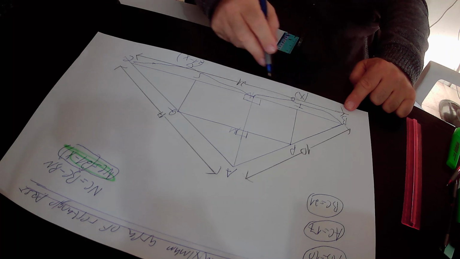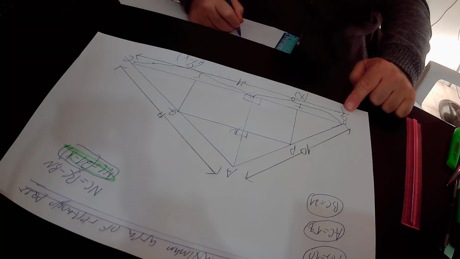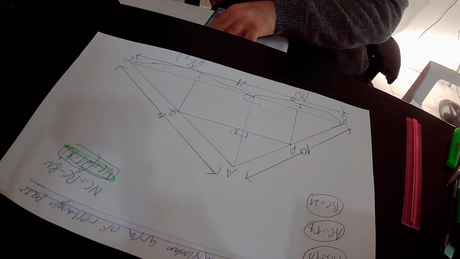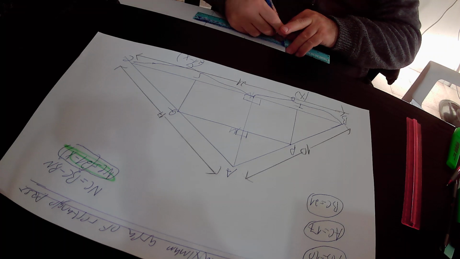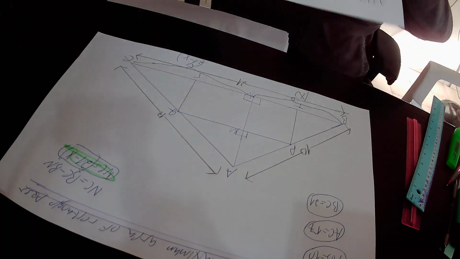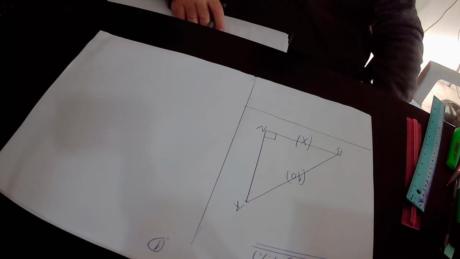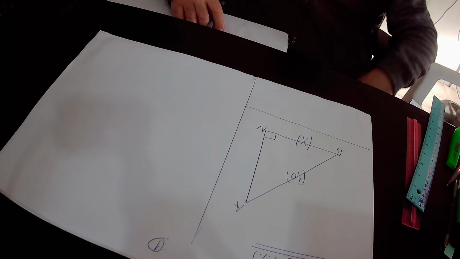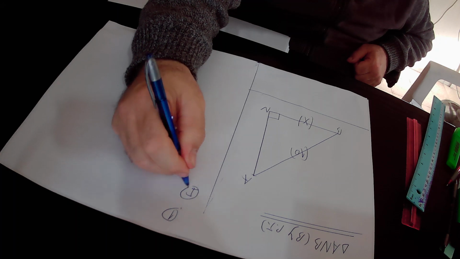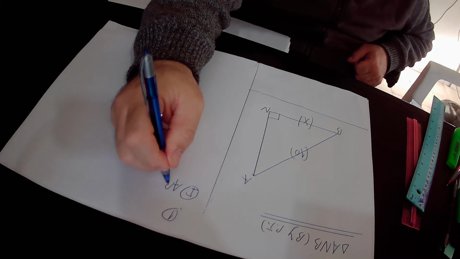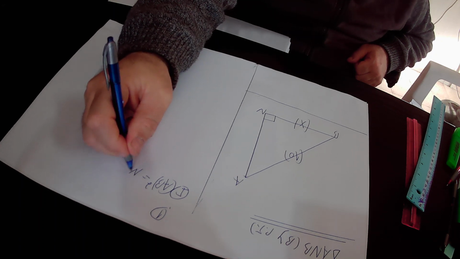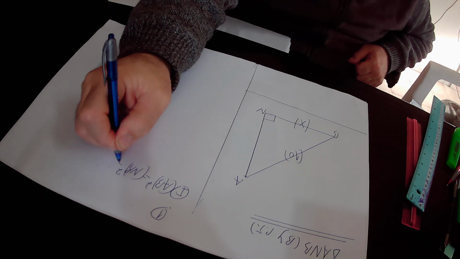And side NB equals x units in its length, according to our definition. So actually, this is the right triangle ABN from the original drawing. According to the Pythagoras theorem, AB squared equals NB squared plus AN squared.